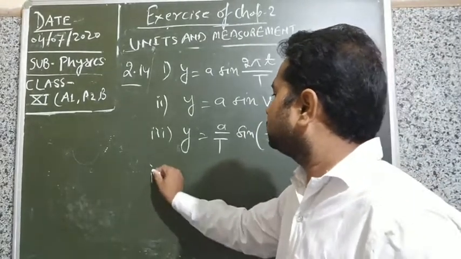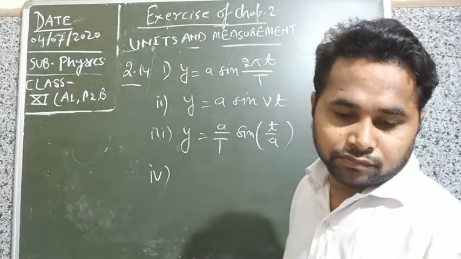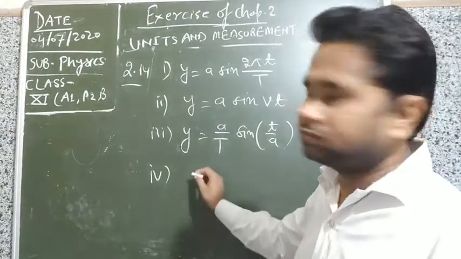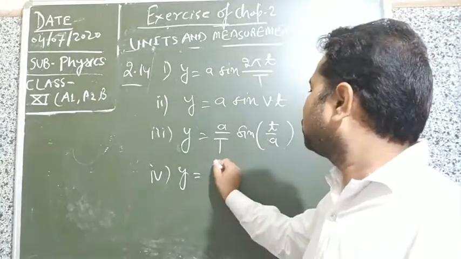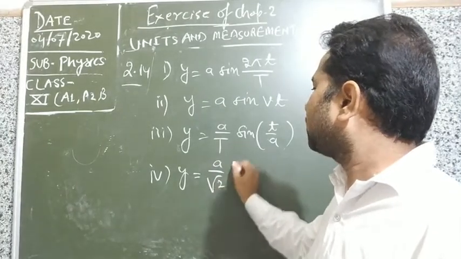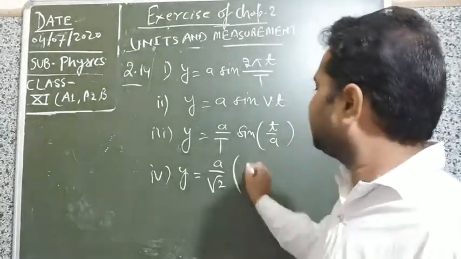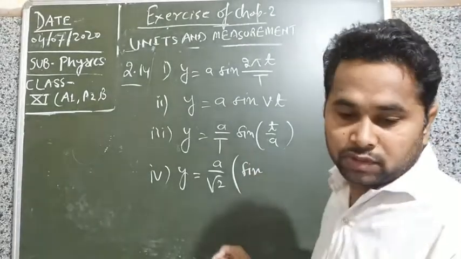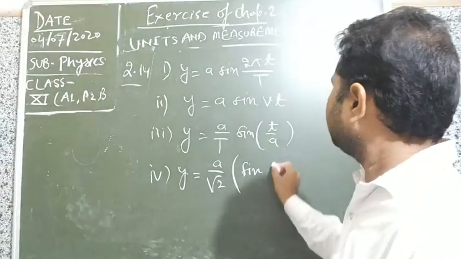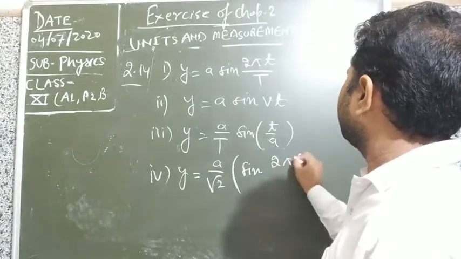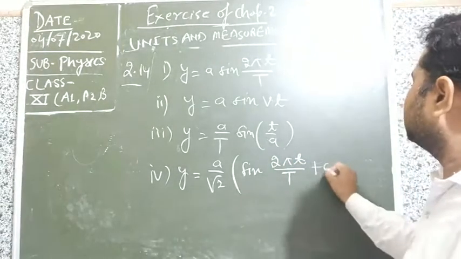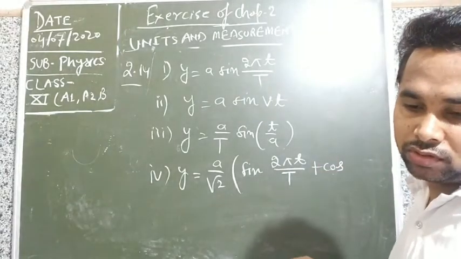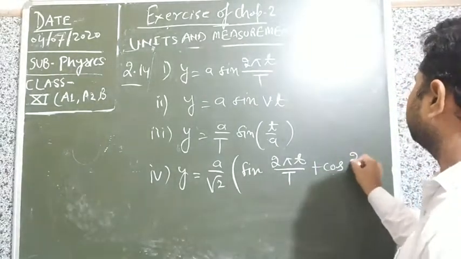And fourth is y equals a by root 2, a by square root 2, sin 2 pi t by capital T plus cos 2 pi t by capital T.